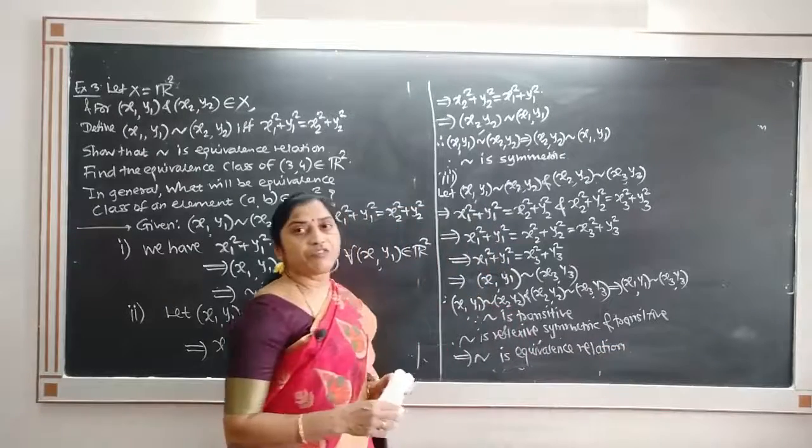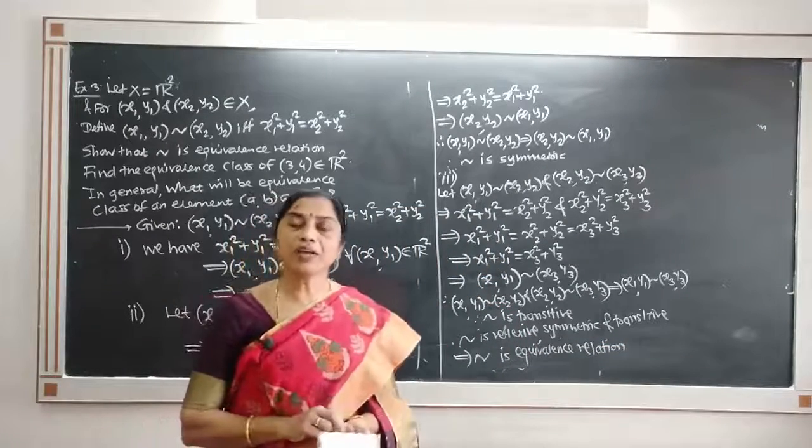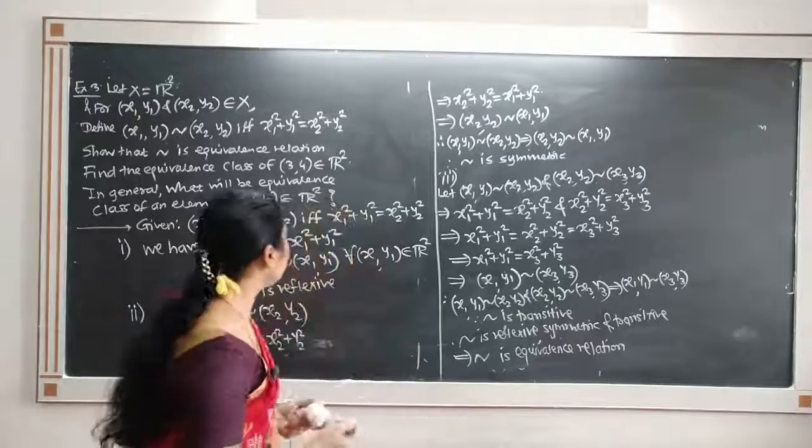Because it is an equivalence relation, we are able to find the equivalence class. So consider an element, for example (3, 4). What is an equivalence class?